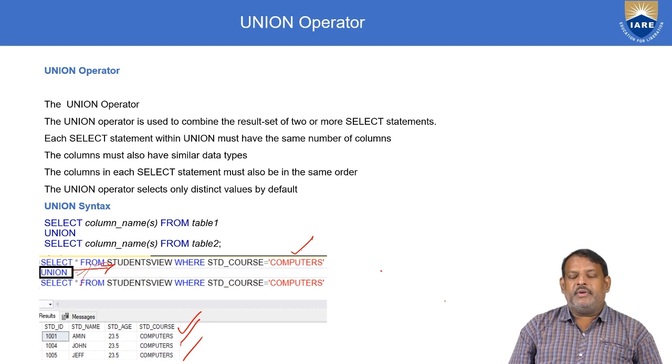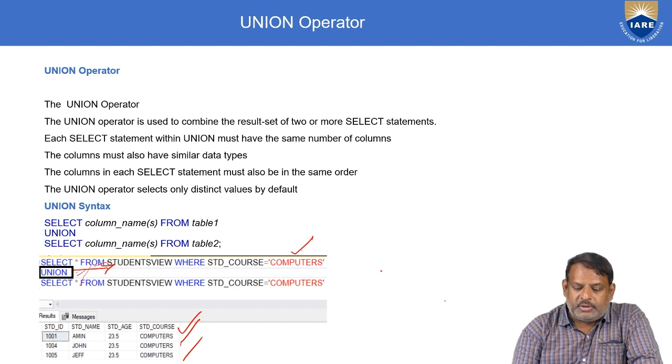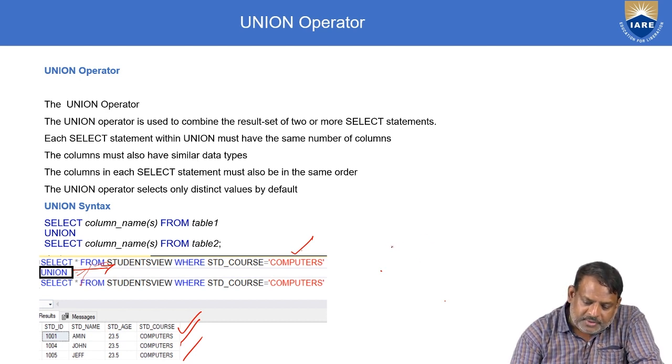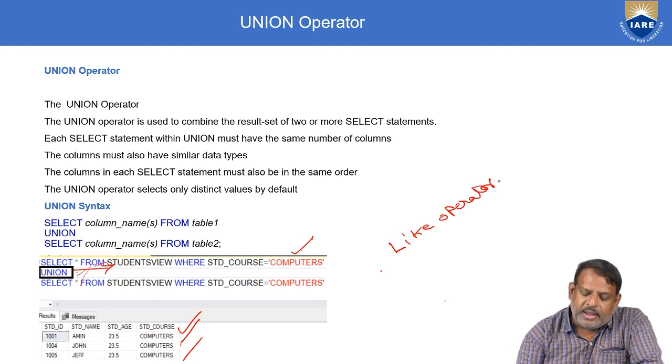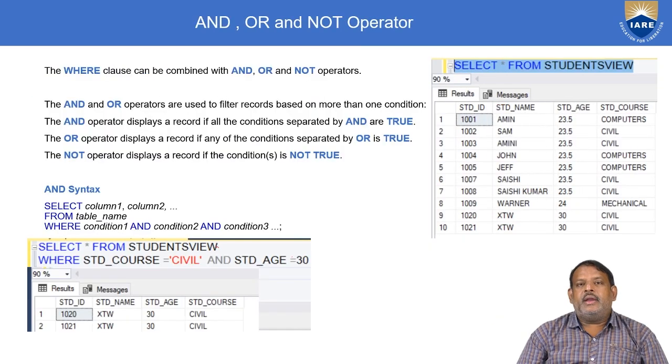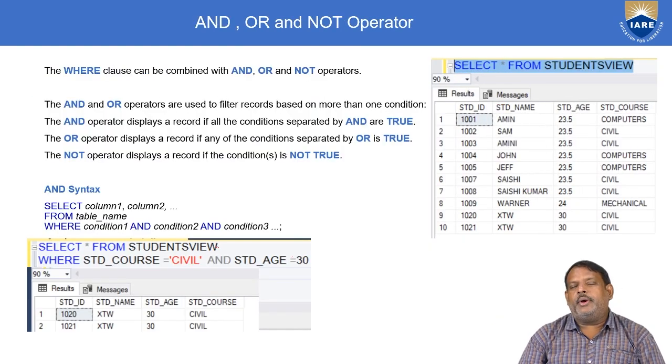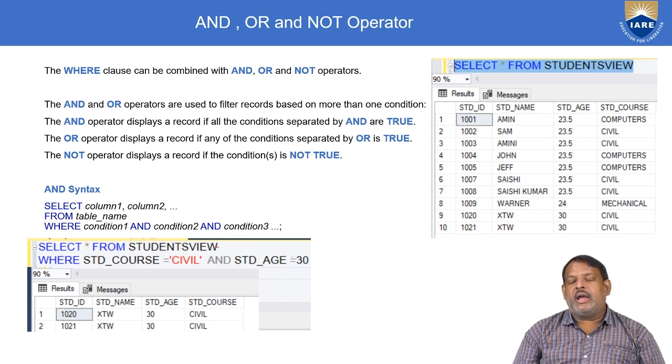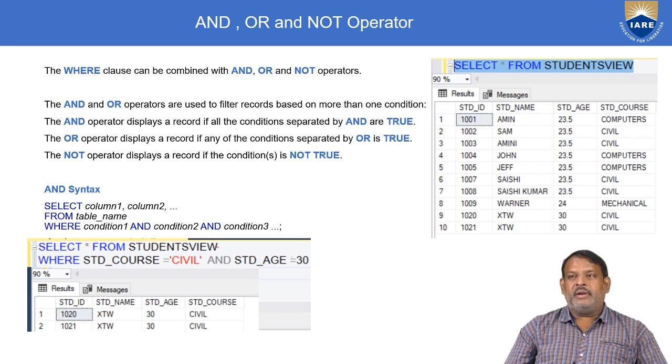Now we'll just have a small recap of what we have learned till now. First we started with the like operator. After like, we discussed the wildcards. Then the AND, OR, and NOT operators. The AND operator will return data when both conditions are matching.